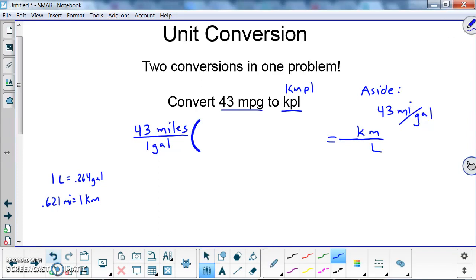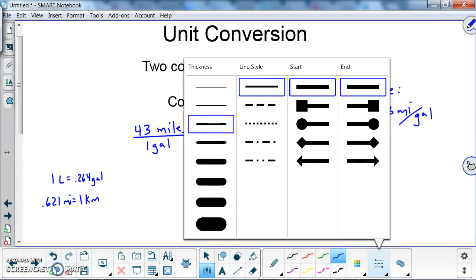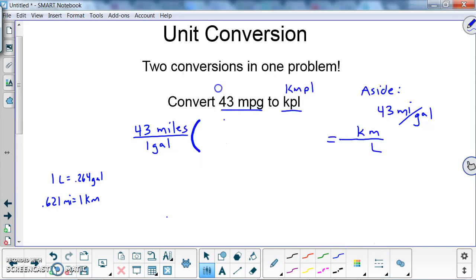So the conversion factors are going to be, I'm going to have two of them. And the first one is going to be, I'll probably go with the miles first. So I want to put the miles in the denominator. I'm very careful to associate 0.621 with miles. 1 kilometer is in the numerator.